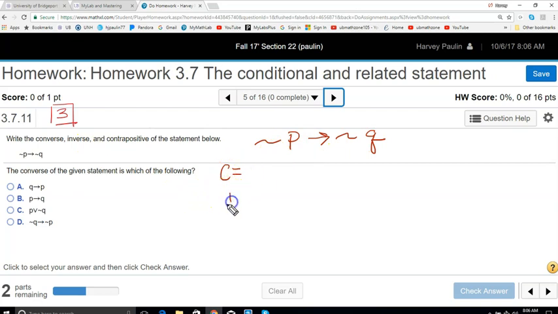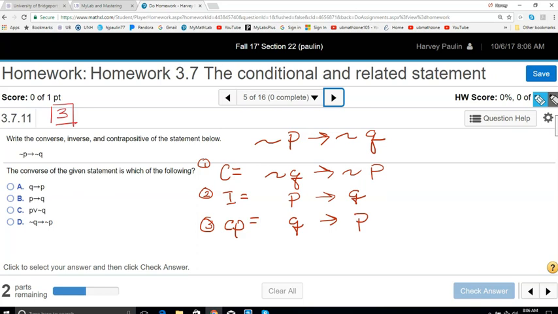The inverse, and then the contrapositive. So look at your chart. It's just a matter of matching things up and put your answers here. We'll call this part 1, part 2, and part 3 of example 3.